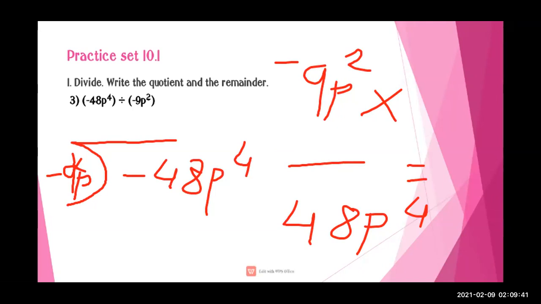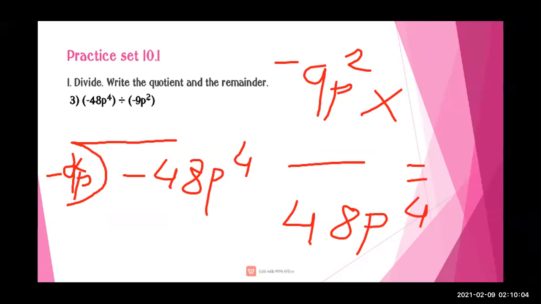That number will be the answer of 48. Yeah, 3. But very good, Vikram. 16 threes are 48.